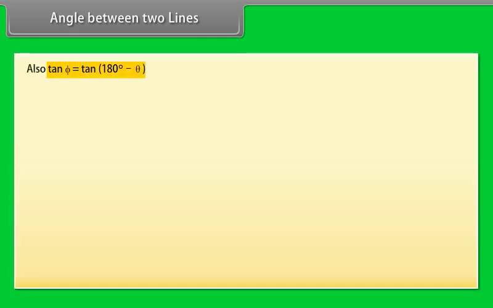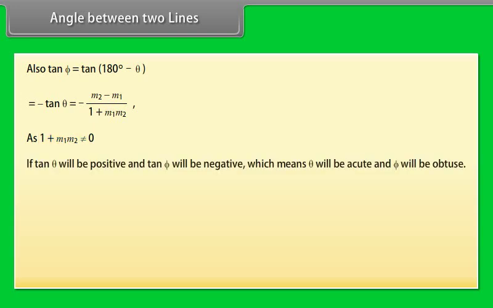Also, tan phi is equal to tan of (180 degrees minus theta) is equal to minus tan theta is equal to minus of (m2 minus m1) divided by (1 plus m1 m2), as 1 plus m1 m2 is not equal to 0. If tan theta is positive, tan phi will be negative, which means theta will be acute and phi will be obtuse.